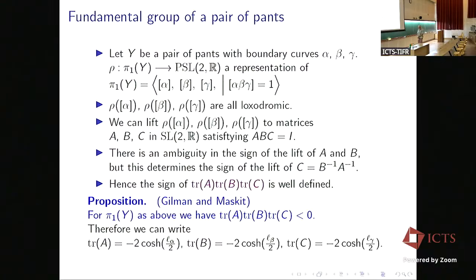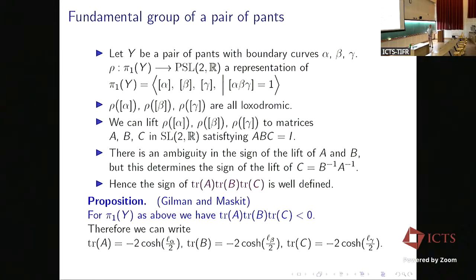Right, remember though that there was an ambiguity in the lifting of A and of B, but if I choose a lifting of A and a lifting of B, that's automatically going to determine the sign of the lifting of C, because of the ABC is the identity relation. Because I'm not thinking of plus or minus the identity, I'm thinking really identity on the nose.